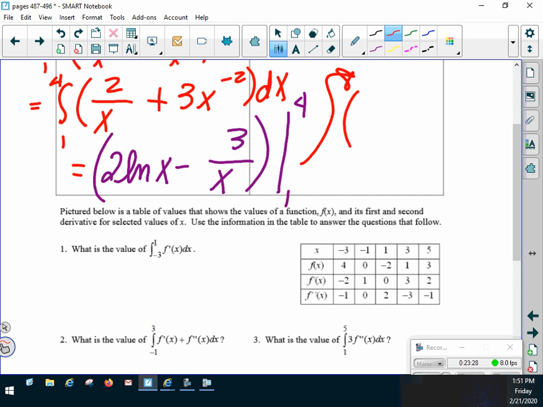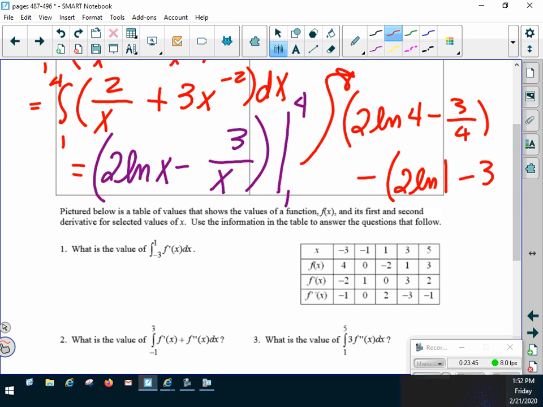Okay. So I've got 2 natural log 4 minus 3/4, minus 2 natural log 1 minus 3. What's the natural log of 1?